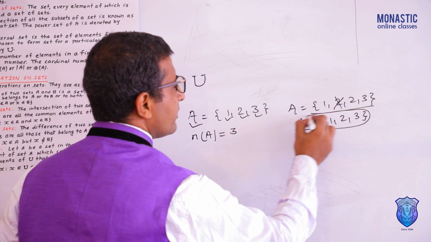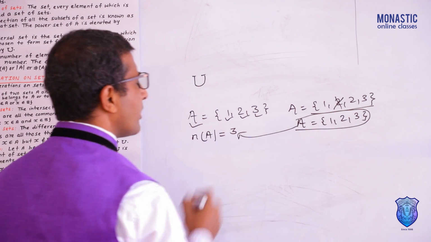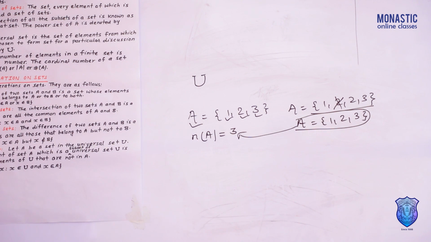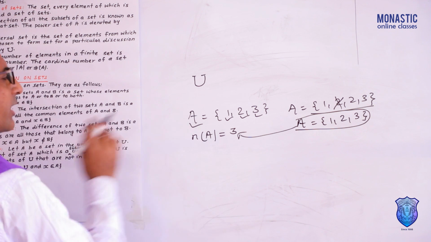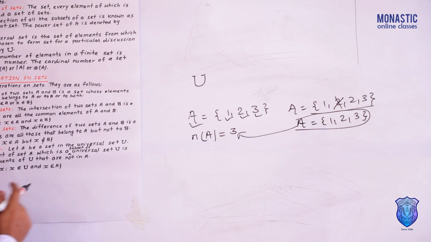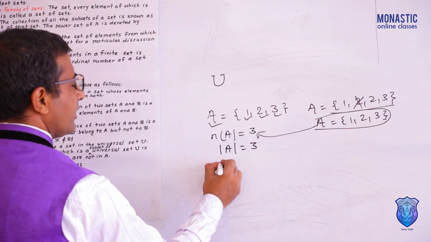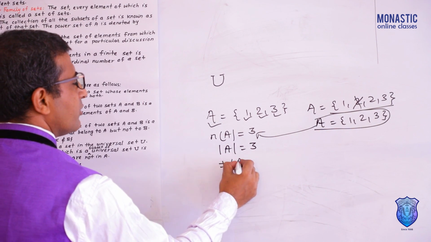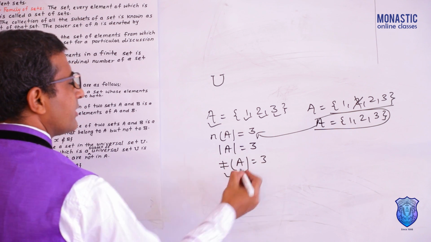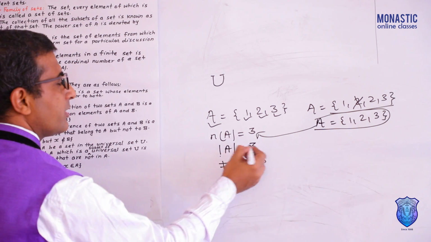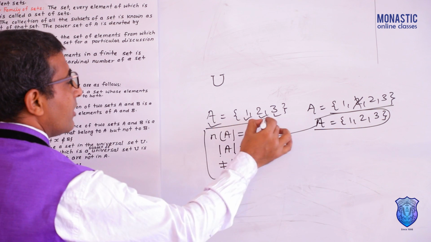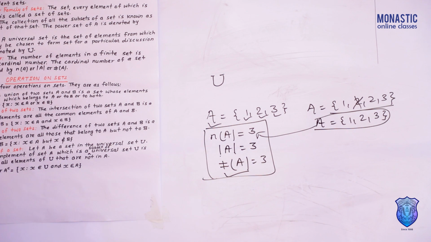So A is equal to {1, 2, 3} and the cardinal number of the set is 3. Generally we write n(A), but there are 3 ways by which we can write the cardinal number of set A: n(A), |A|, and so on, but all represent the cardinal number of the set.